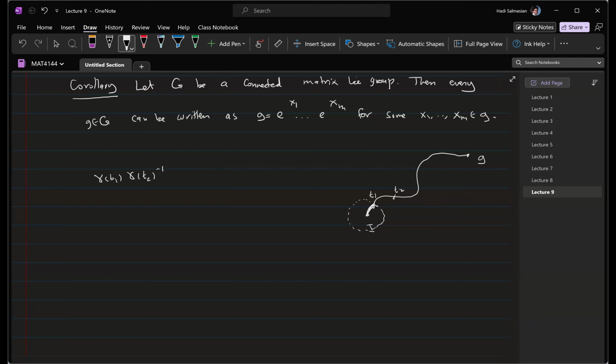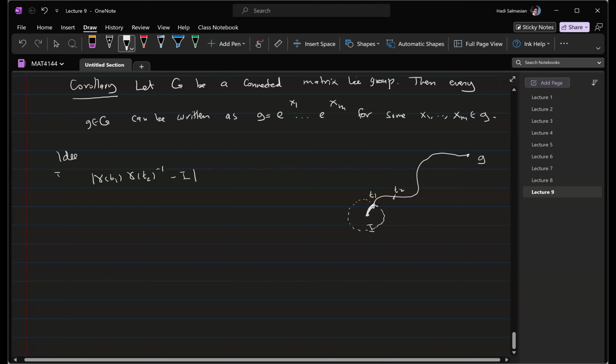If gamma of t2 times gamma of t1 inverse is small, then it should lie in the image of the exponential map. It should be e to the x2. But gamma of t1, we know, is e to the x1. Hence, gamma of t2 equals e to the x2 times e to the x1, for example.